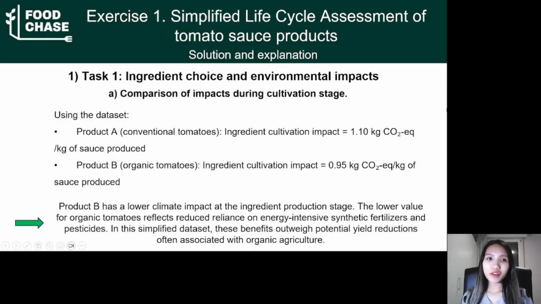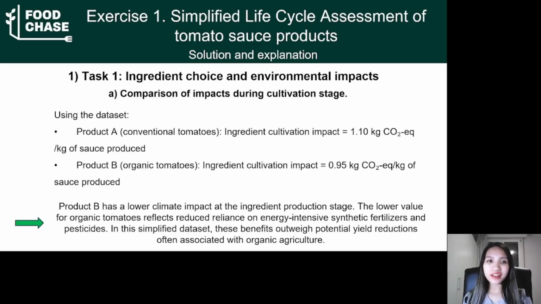Now we are going to start the first task, which is about ingredient choice and environmental impact. The task 1A is a comparison of impact during cultivation stage.